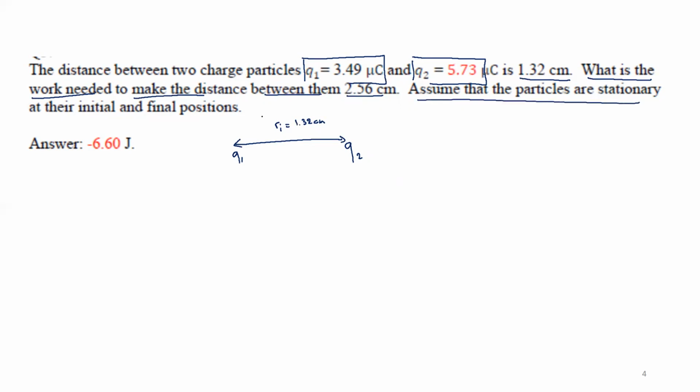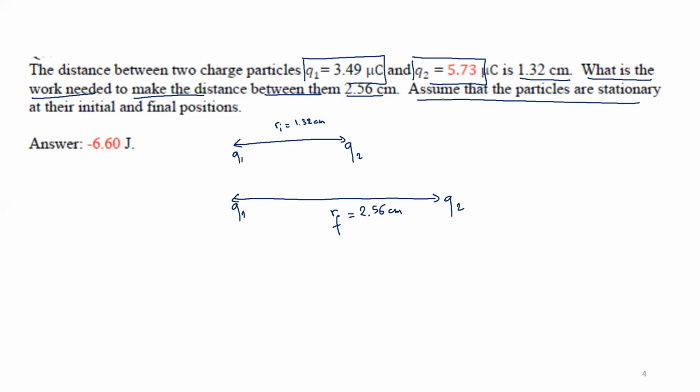The question is, what is the work needed to make the distance between them 2.56 centimeters? Assume that the particles are stationary at the initial and final position. So let's assume that this is initial, now final. Q1 is still here. Now Q2 moves here, and the distance between them, R final, is 2.56 centimeters.